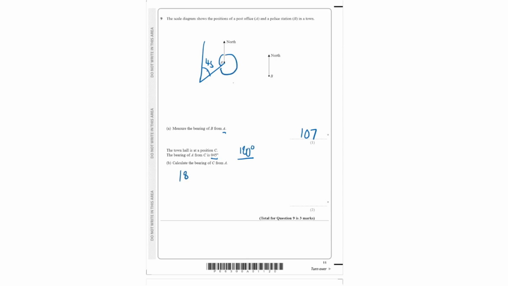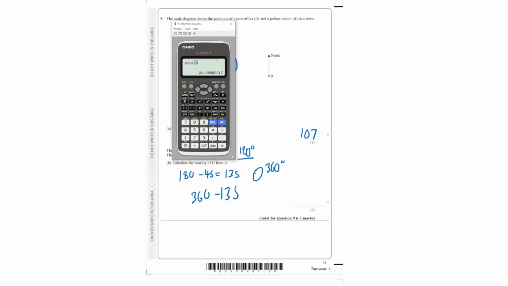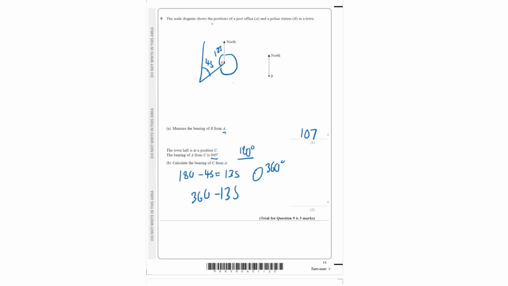So 180 minus 45 is equal to 135. Now that we have 135, we know that a circle is 360 degrees. So we can simply subtract 360 minus 135, and we can use a calculator to get our answer. 360 minus 135 gives us 225 degrees.